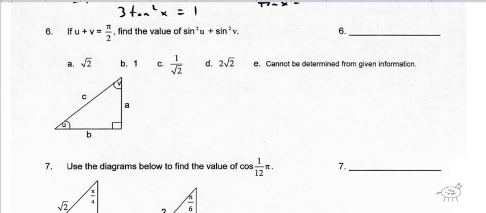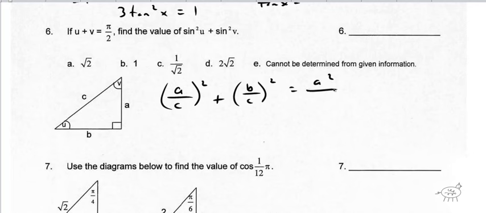So sine squared of u, remember, it's opposite over hypotenuse, squared, plus sine squared of v, opposite over hypotenuse. So they give me a squared over c squared plus b squared over c squared.